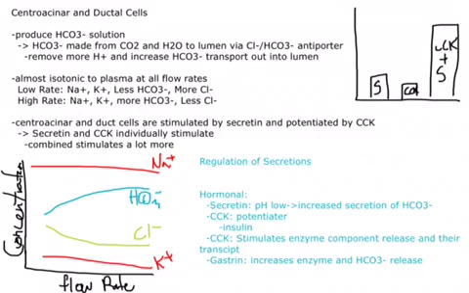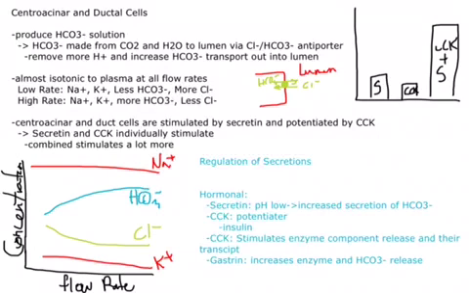Just to add on to the transport of the bicarb and the chloride, this is one of our cells here, and here's the lumen out here. We would have the chloride bicarb antiporter here, bringing the chloride in and the bicarb out.